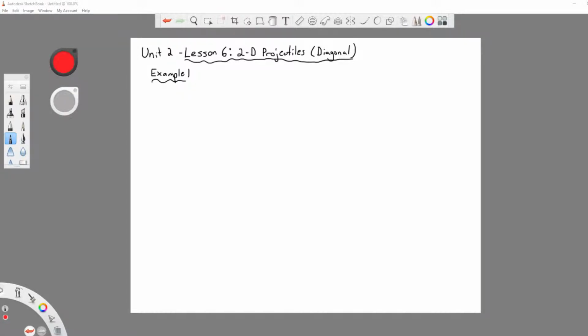All right, hello and welcome to Unit 2, Lesson 6, 2D projectiles. We're now going to be dealing with diagonal components of projectile motion. So essentially we're going to take what we did last lesson, except now we're going to be breaking components up even further. Now, this is the last lesson in the Unit 2 series.